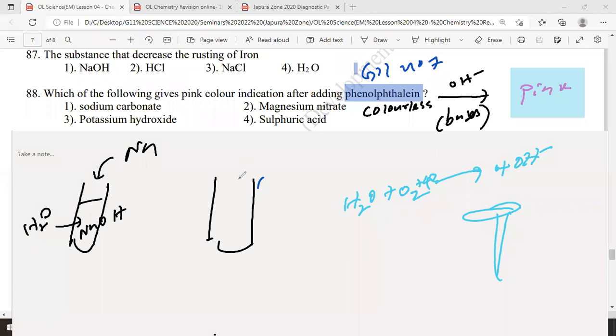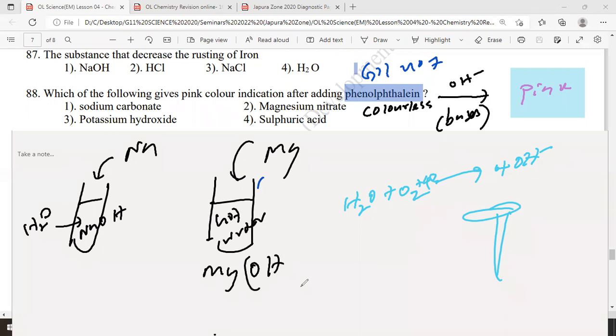Magnesium in hot water forms magnesium hydroxide. Both are basic substances, alkali. So how do we identify whether these are present in the solution after the reaction? By adding a drop of phenolphthalein.